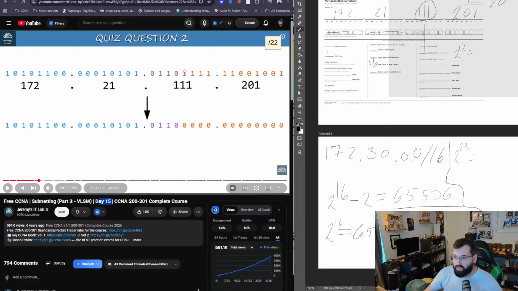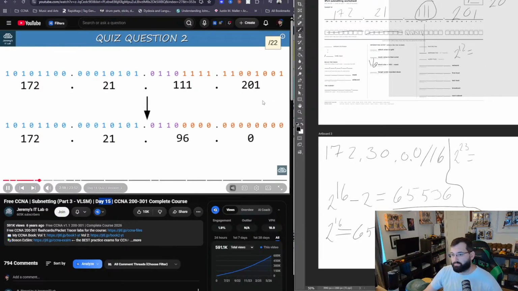Basically what he does is he divides it into the host bits, the borrowed bits, and the frozen bits. We don't really care about the frozen bits, only a little bit for counting. Then he zeroes out all the host bits and only leaves the borrowed bits, and the borrowed bits tell you what the network address is for that address.